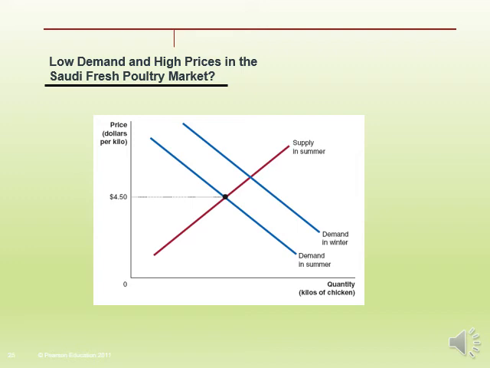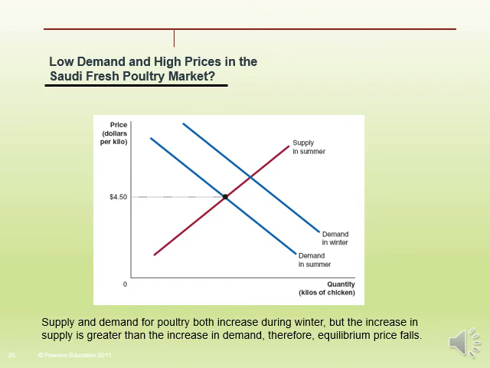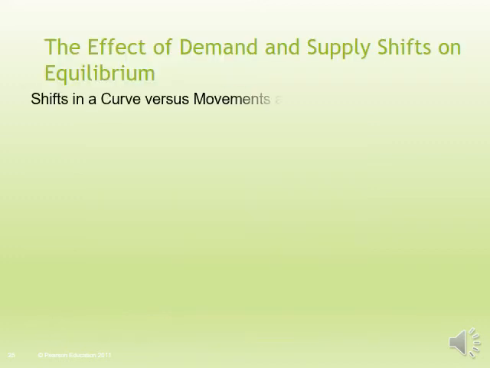The demand for chicken goes up, but the supply stays the same because there aren't more chicken farms in the winter. There might be a slight increase in supply, but overall the demand will increase more. So overall, in the winter, the price of chicken, the price per kilo, goes up in Saudi Arabia.